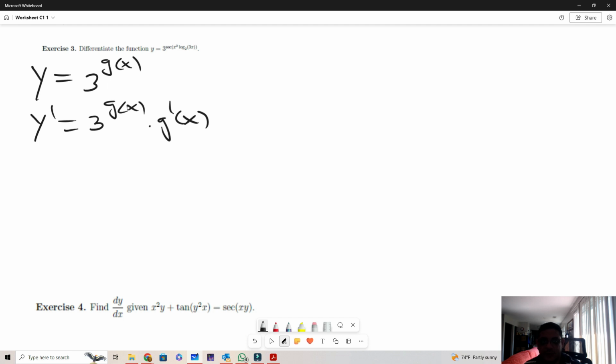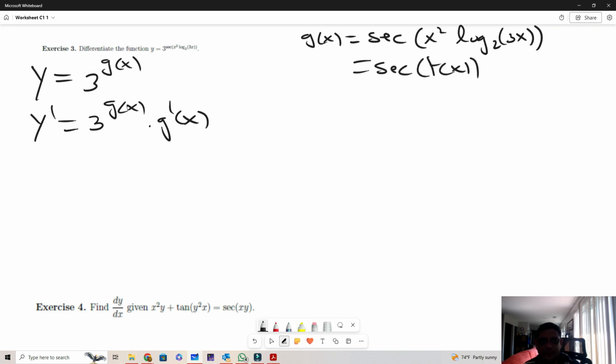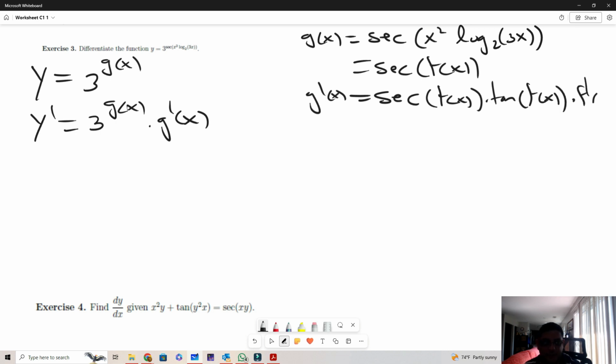Well, turns out that g of x is secant of x squared log base 2 of 3x. But then this is a composition too. This is like secant of f of x. And so if we find out what g prime is, then this is just secant of f of x tangent of f of x, and because this is composed in f of x, then it's going to be f prime of x.